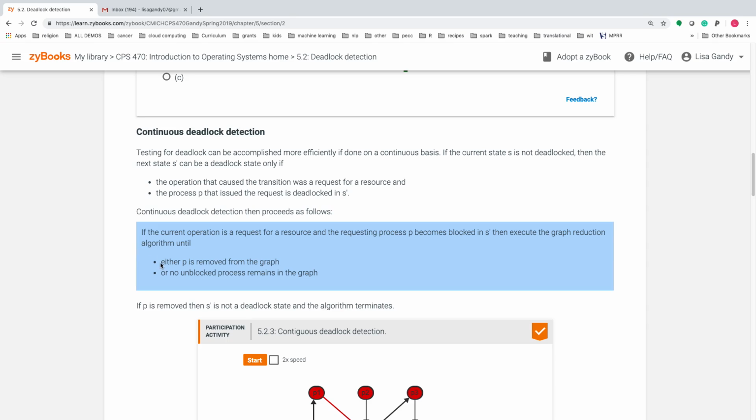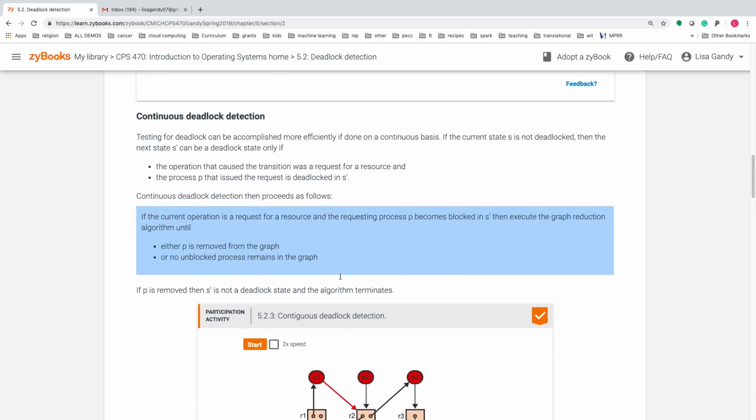We continue until either the process making the request is removed, or no unblocked process remains in the graph. If it is removed, there's no deadlock. Otherwise there is deadlock, because a graph with only blocked processes is a deadlock state.